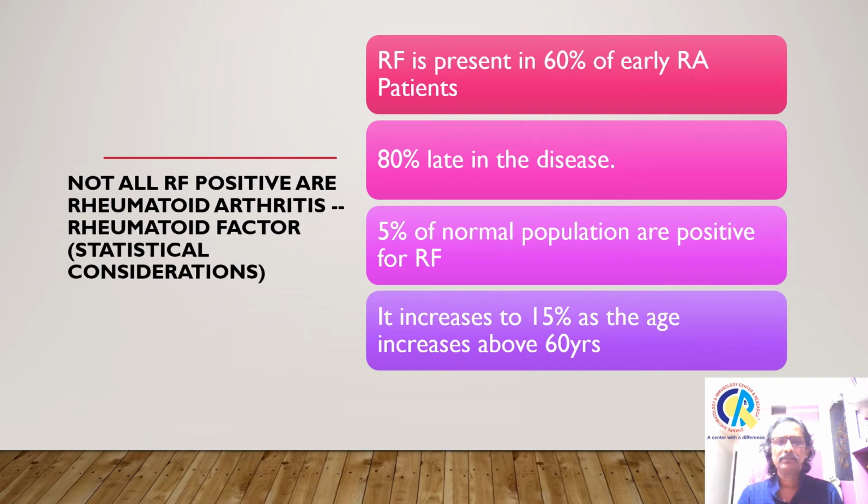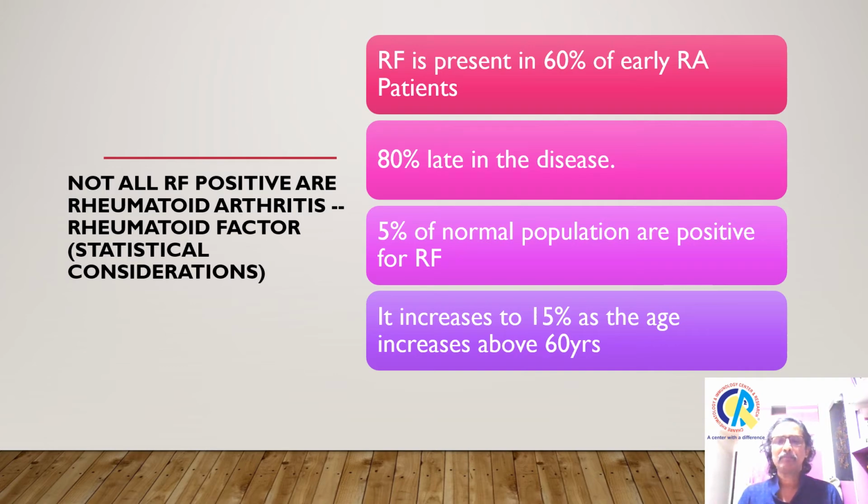Now look at why we say that the presence of rheumatoid factor is not specific to make a diagnosis of rheumatoid arthritis. The rheumatoid factor is not present in every rheumatoid arthritis patient. It is present in only 60% of the patients, and it gradually increases to 80% late in the course of the disease.